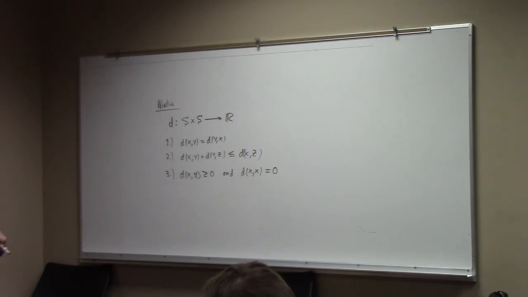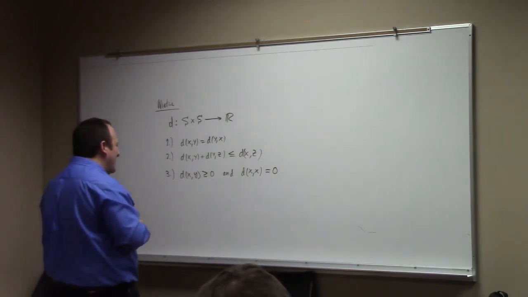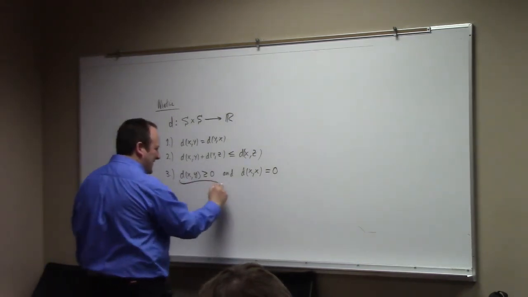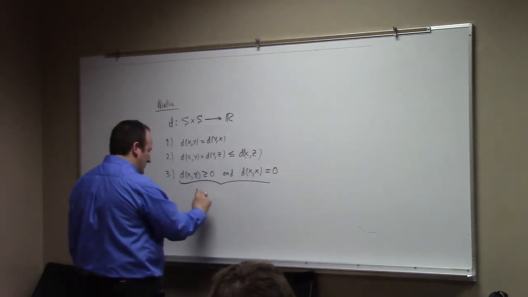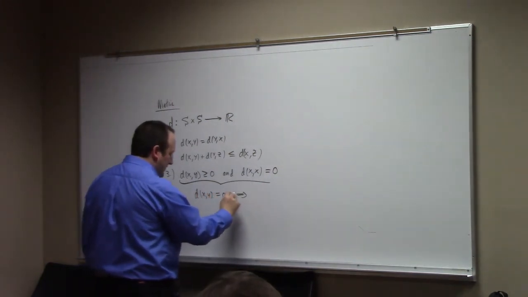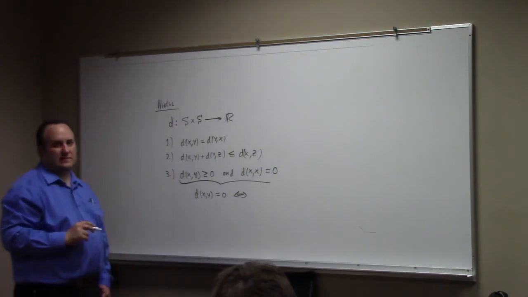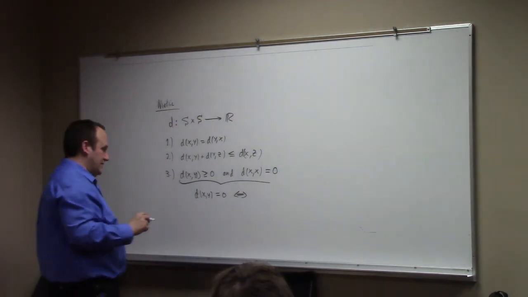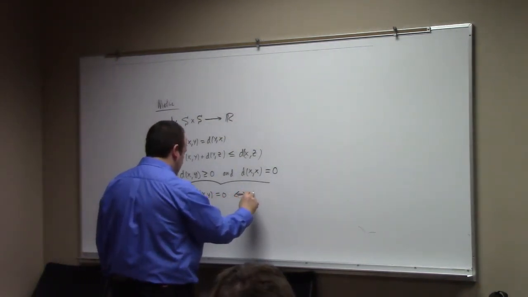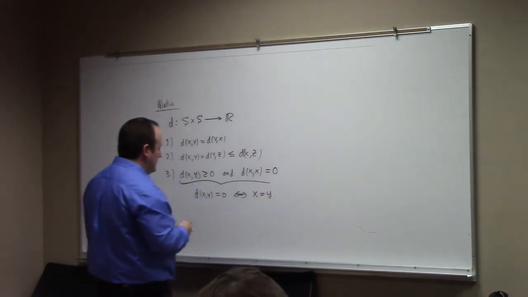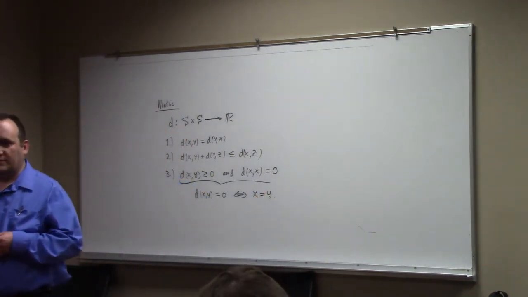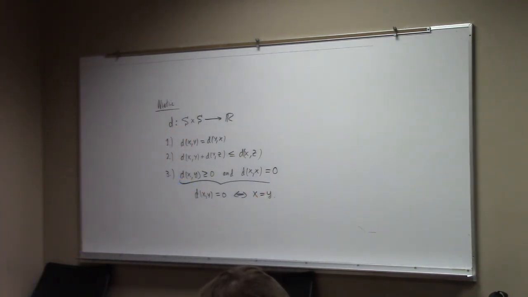And I'm not stating it quite right, though. The way to state this a little bit more precisely is that the distance from x to y is equal to 0 if and only if what? Yeah, x equals y. So this is the notion of a distance function.